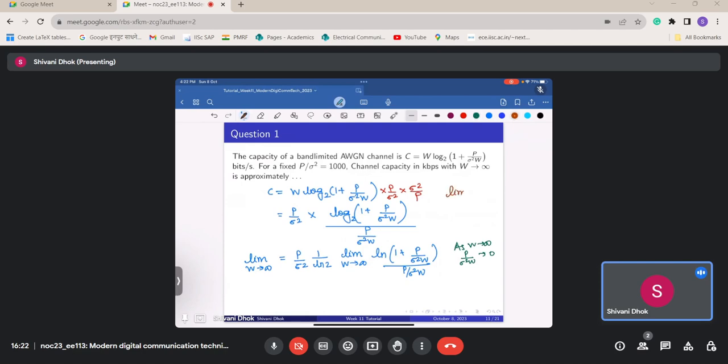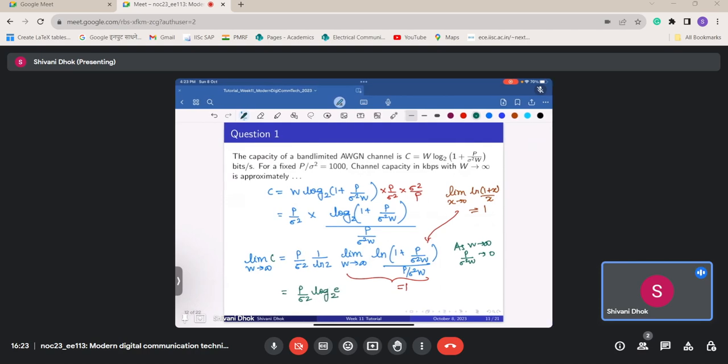We know that the limit as x tends to 0 of log(1 plus x) by x is equal to 1. So this limit will be equal to 1, and therefore what we have here is P by sigma square into log e to the base 2.